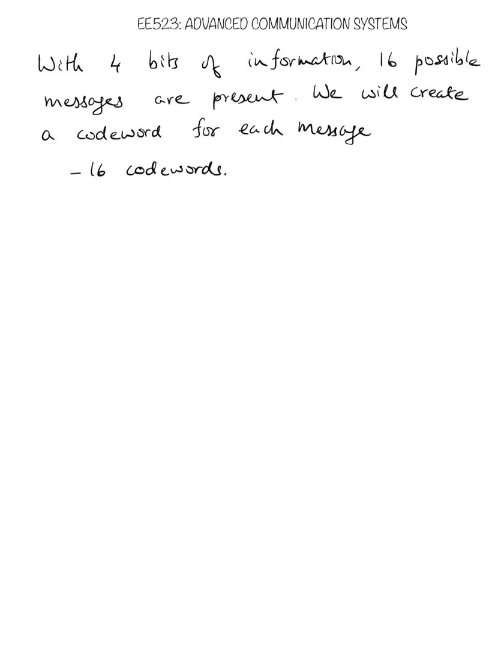So what are the information bits? The information bits are going to be 0 0 0 0, 0 0 0 1, 0 0 1 0, and so on up to 1 1 1 1. So we have 16 messages in total, and for the 16 messages we will create corresponding code words.